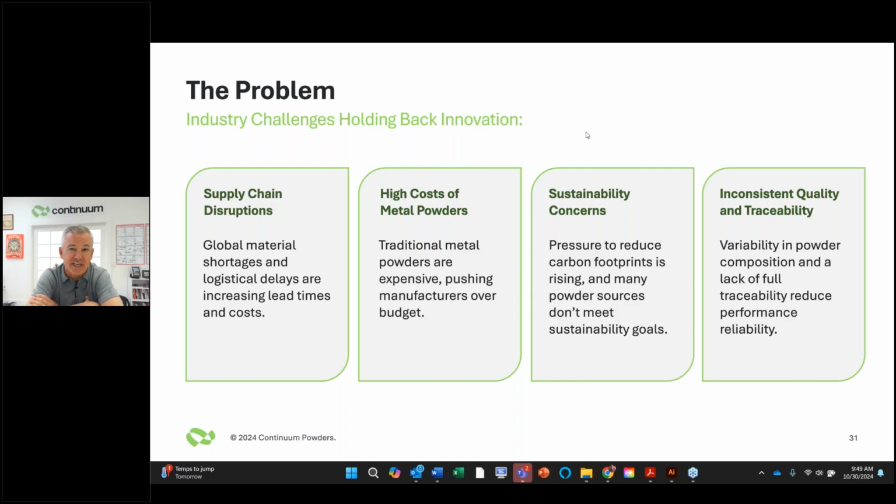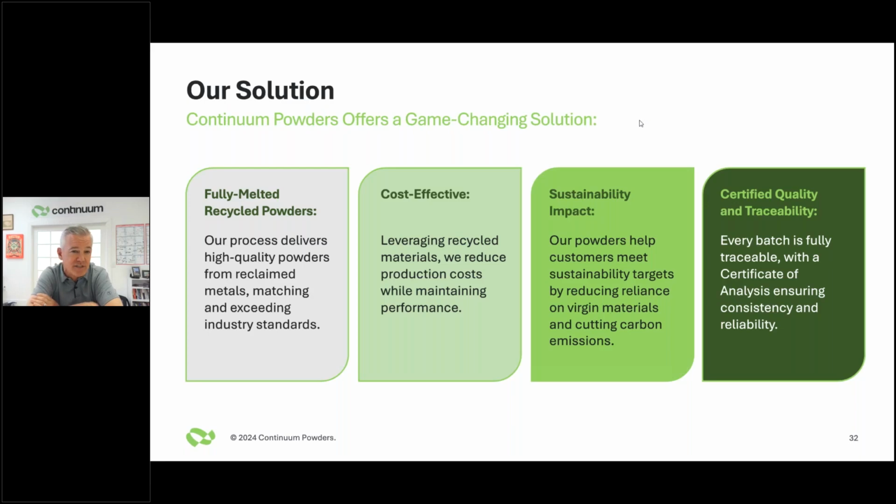That's all perfectly good titanium, or in some cases nickel, that can be reused if you can take that and put it back into the form factor that the advanced manufacturing industry, the additive manufacturing industry, obviously wants to consume.